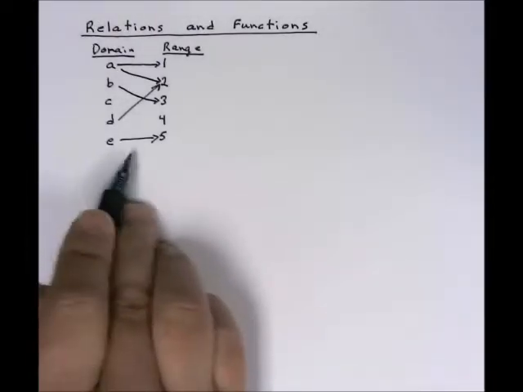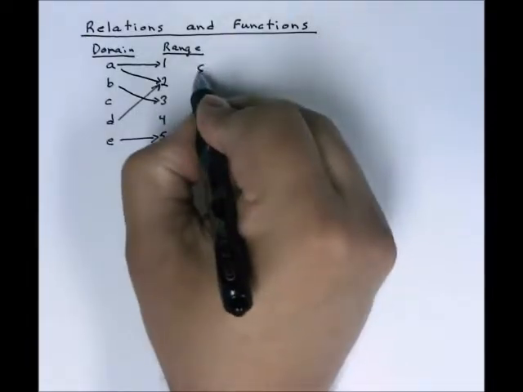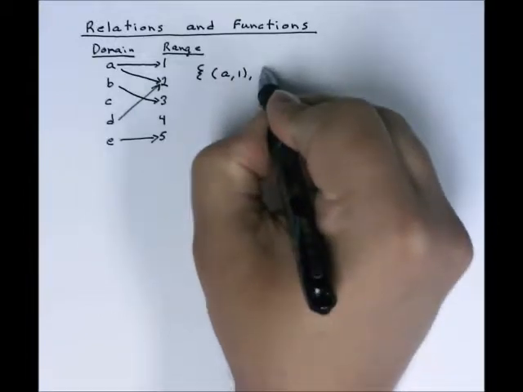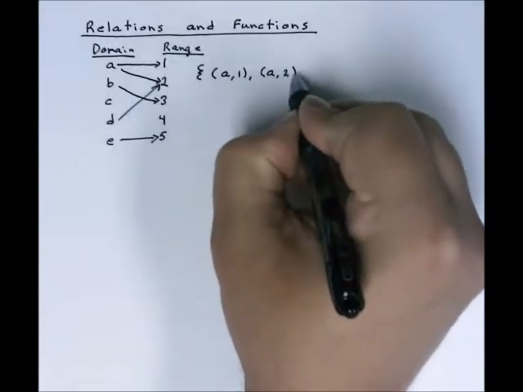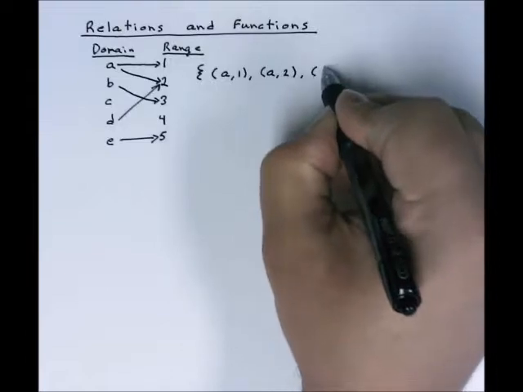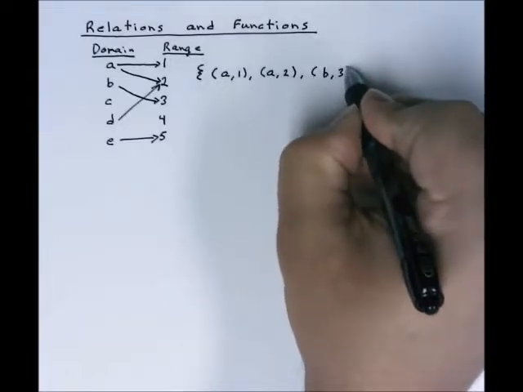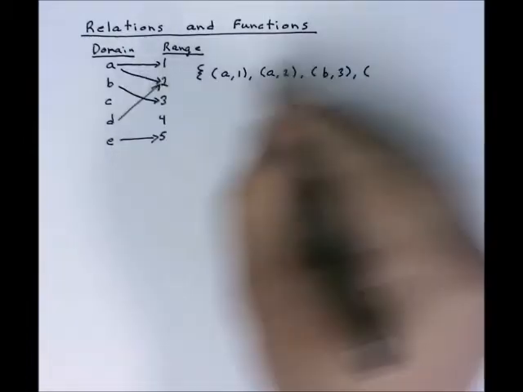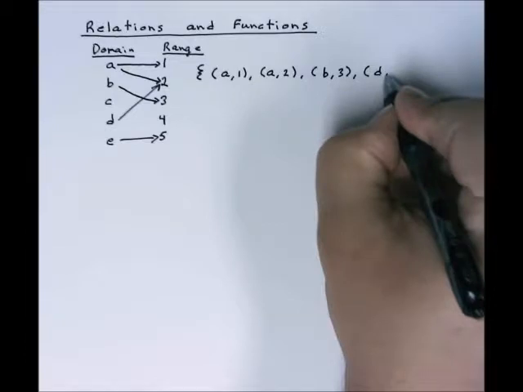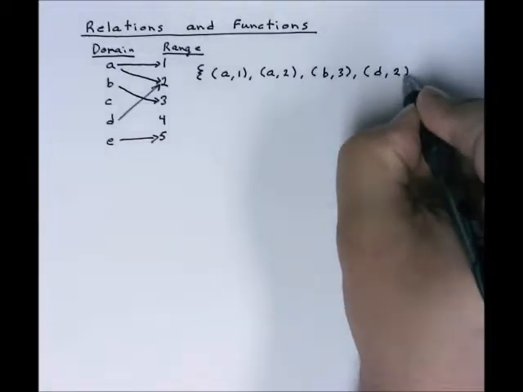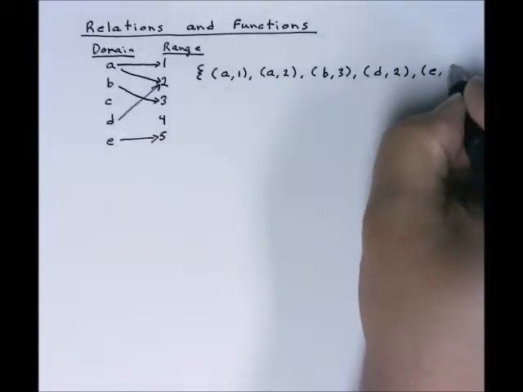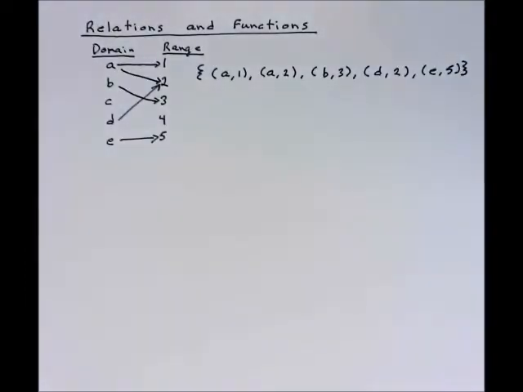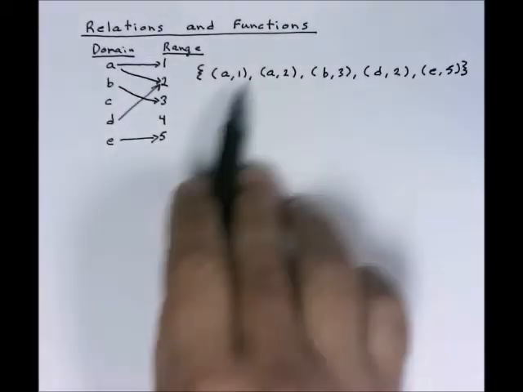So if I were to write this as an ordered pair, I would have A going to 1, A also going to 2, B going to 3, C's going nowhere, so I'm not going to put it down, D is going to 2, and E is going to 5. So these are the same thing, just written differently.